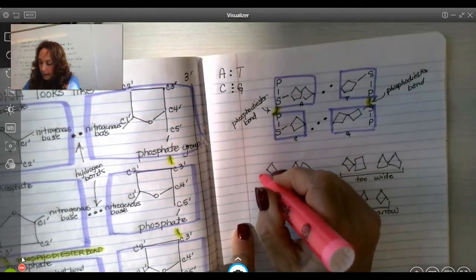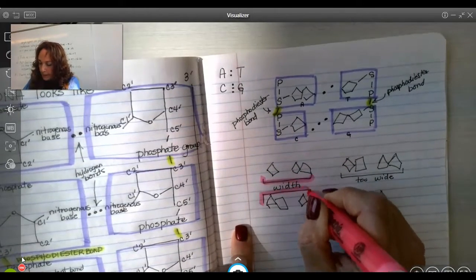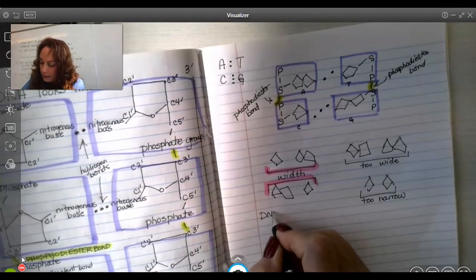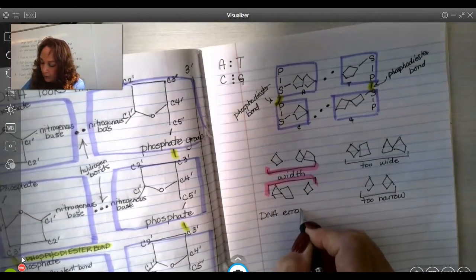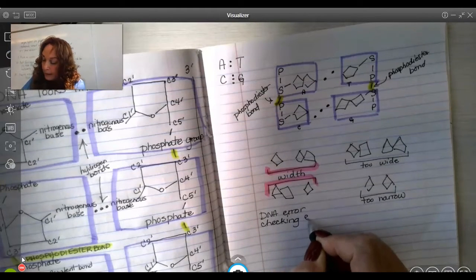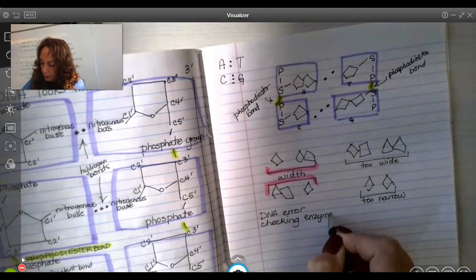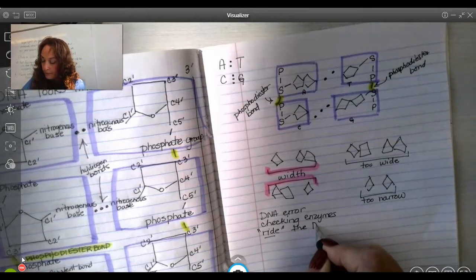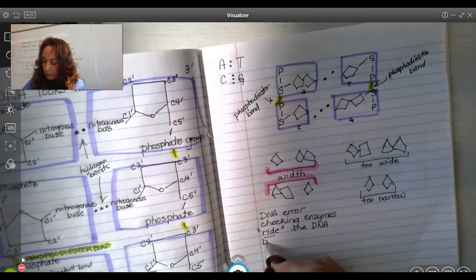So I'm going to make this in pink, and we're going to put that DNA error checking enzymes, molecules, are going to ride the DNA backbone.